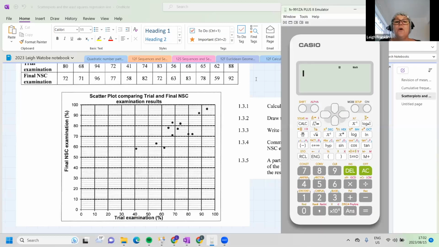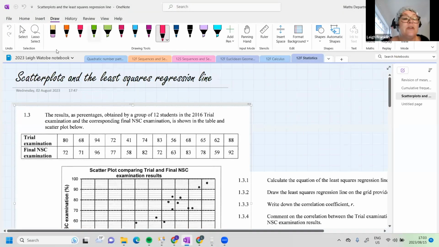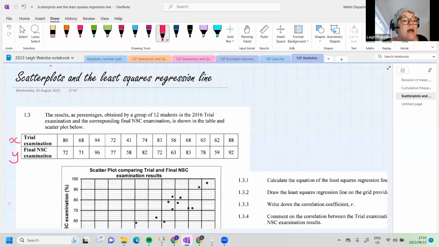Let's just move that up. You've got to press the mode button. Choose option number 3 for statistics. Where we would choose option 1 for mean and standard deviation, now we are choosing option number 2. So you're going to press 2, and we need to put in the values. You can always treat the top row as your X's and the bottom row as your Y's.